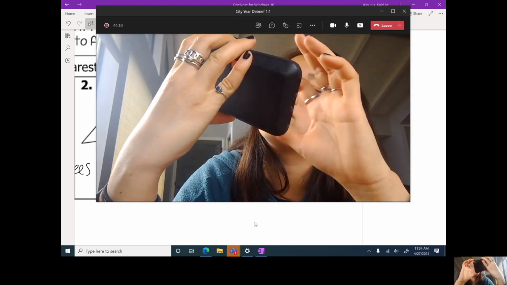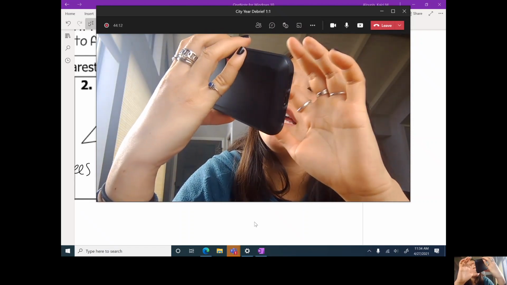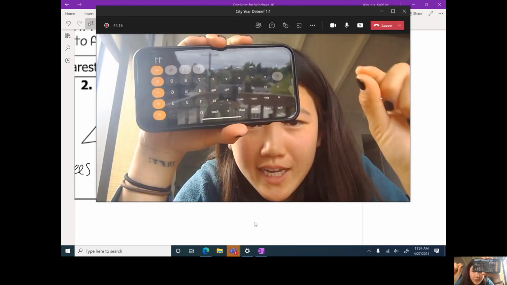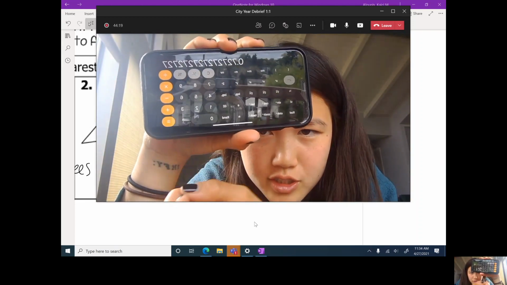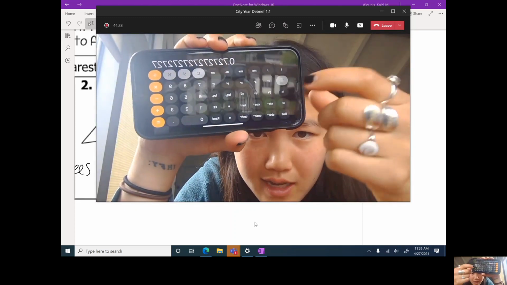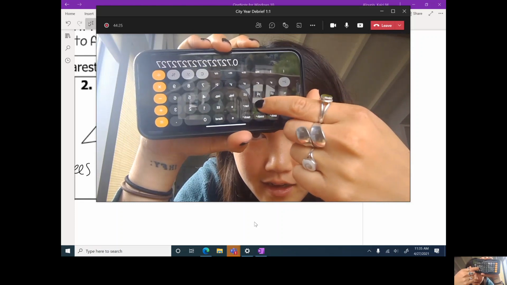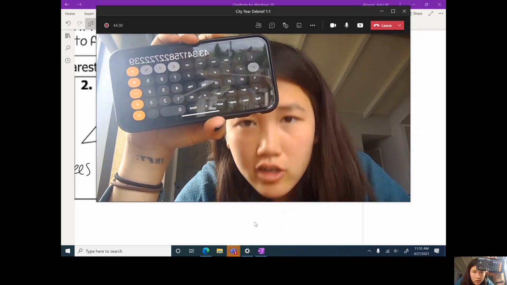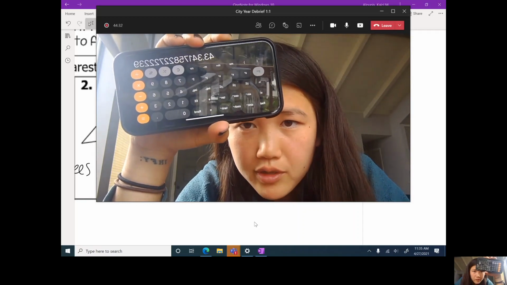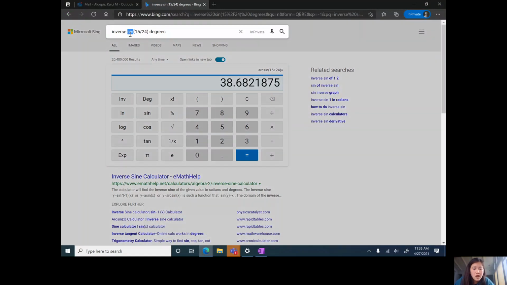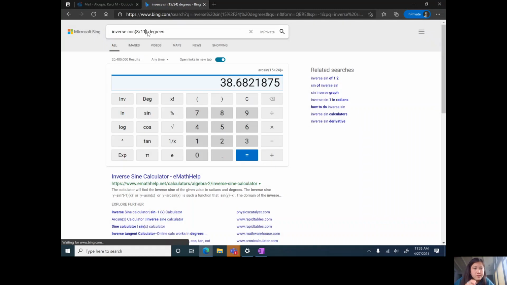Oh, sorry. You have to press 8 over 11, and then you have to press enter, so you have that in the decimal. So that's 8 over 11 in the decimal, and now I'm going to press cosine -1. And there we go. There's our angle measurement. It's 43.34 whatever. And to double check that, let's go here. We're taking the inverse of cosine for 8 over 11.